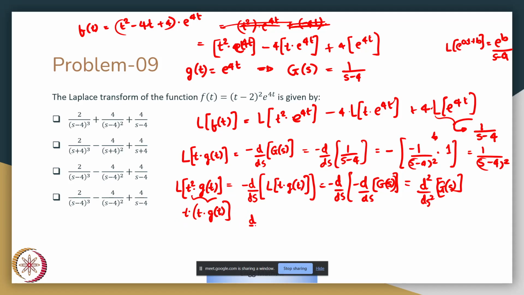We already know that the first derivative of g of s, which is 1 upon s minus 4 whole square, is the negative of that.